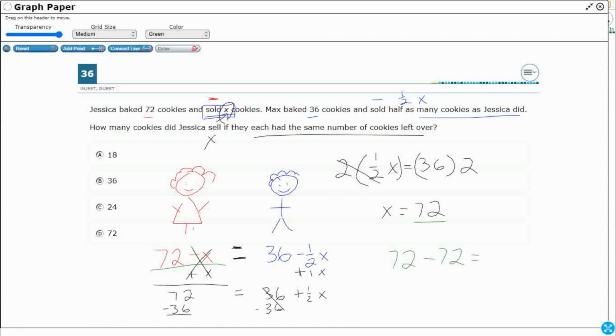Okay, so 36 minus 1/2, and then I had this X, so I'm going to substitute in my 72. So that's 0 equals 36 minus, what's 1/2 of 72? Well, that's 36. So yeah, 0 equals 0. So it looks like they sold them all. All right, so 72 is going to be my answer, D.